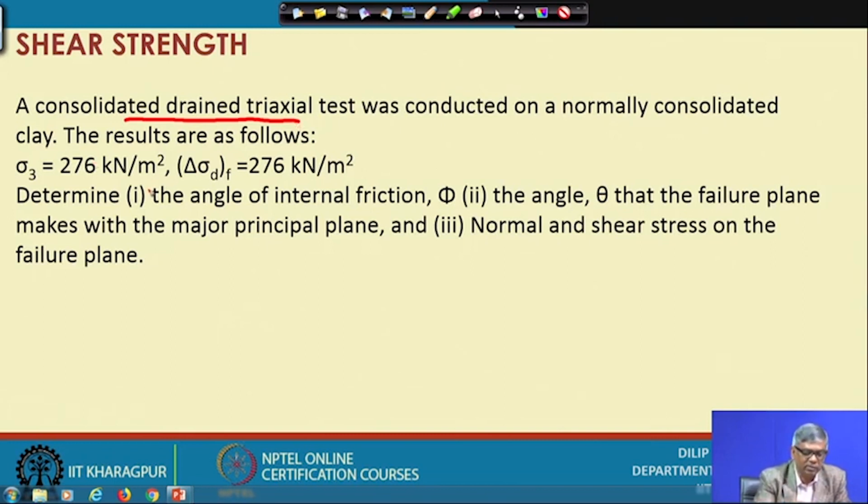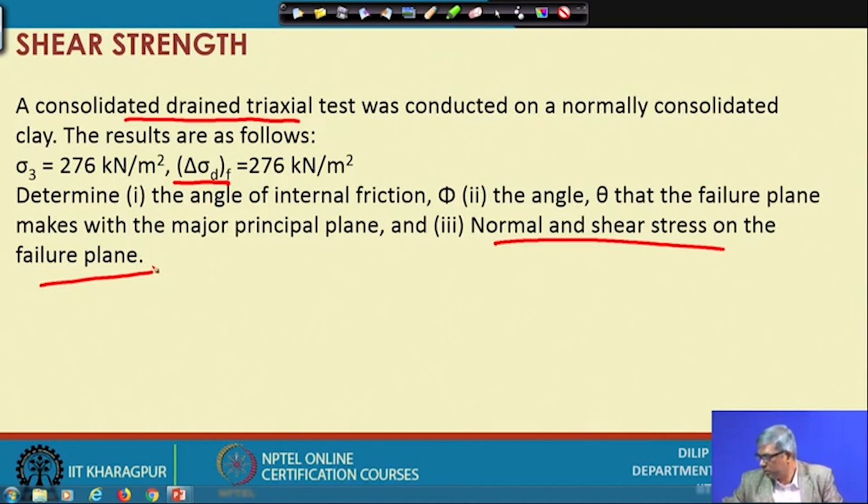So that means C dash will be 0, and the results follow: sigma 3 and delta sigma, the deviator stress at failure, are also given. Determine the angle of internal friction phi, the angle theta that the failure plane makes with the major principal plane, and the normal and shear stress on the failure plane. So this is the thing I need to do, and for that I can do it in different ways, and let me take them one by one.